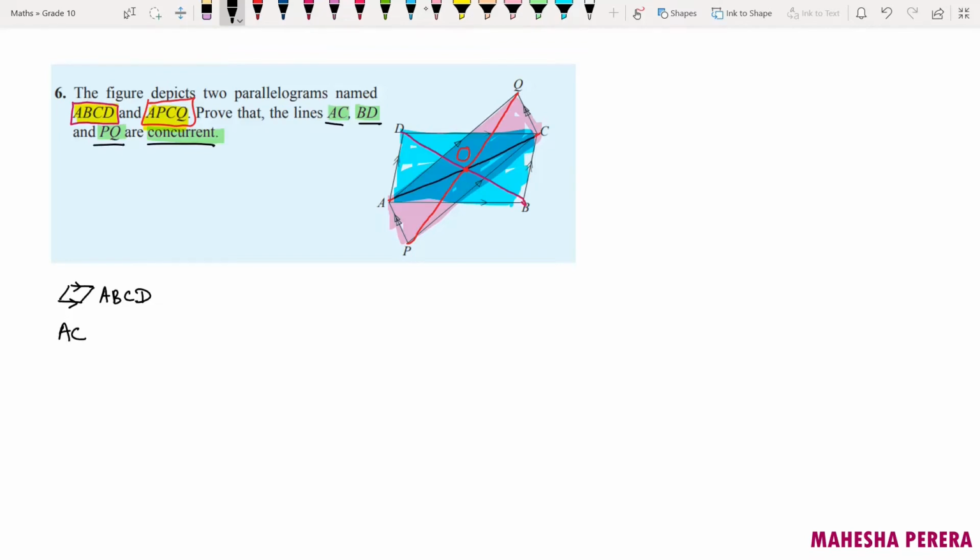AC and BD are the diagonals of this parallelogram. So these diagonals intersect at point O. So let's write AC and BD diagonals.